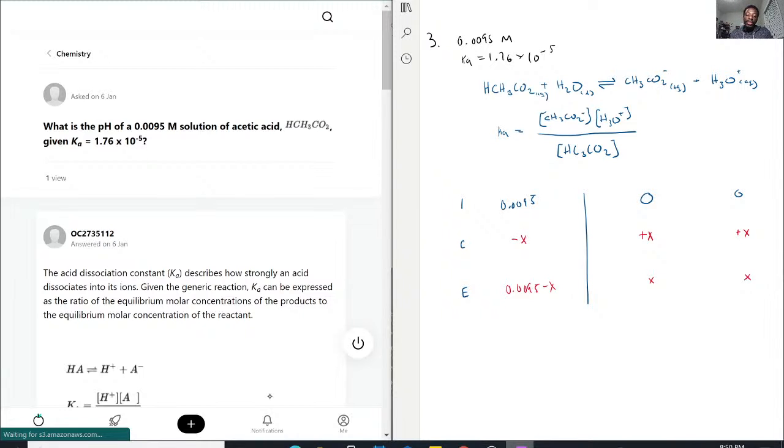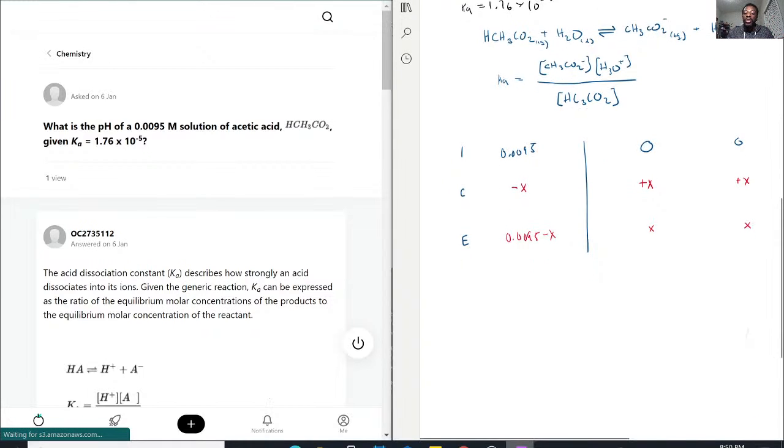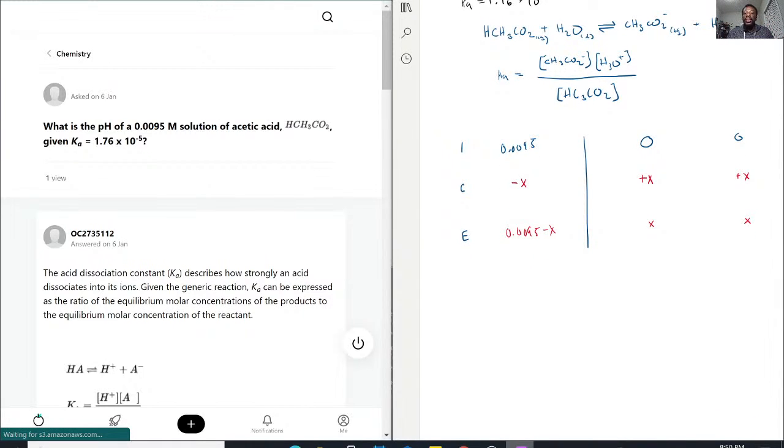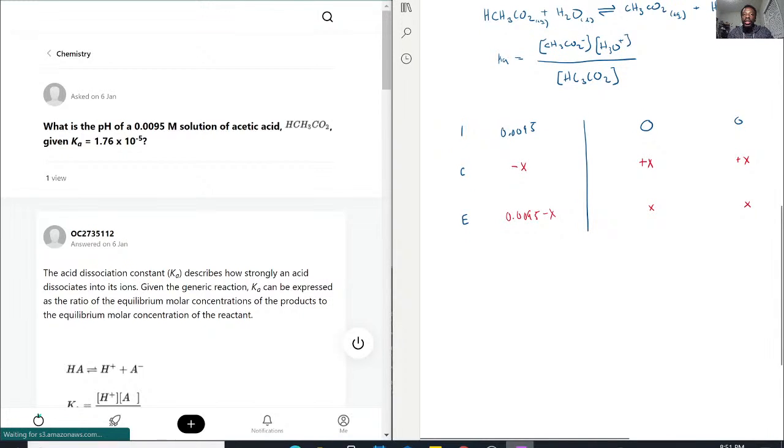And unfortunately, in this case, there is not. So we're going to have to apply our quadratic formula. And I'll show you what I mean when I get there. But just as a heads up, what I did was divide the 0.0095 by the Ka, and the difference was less than 1,000 times greater. We cannot neglect the change that will happen to the concentration of the starting acid.